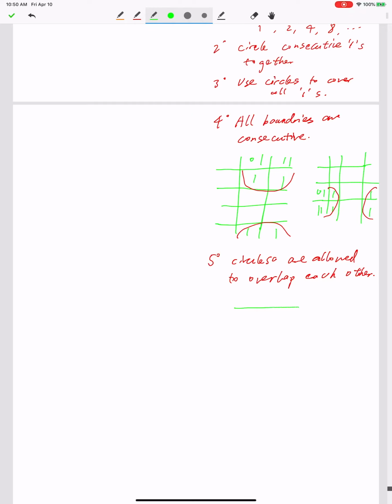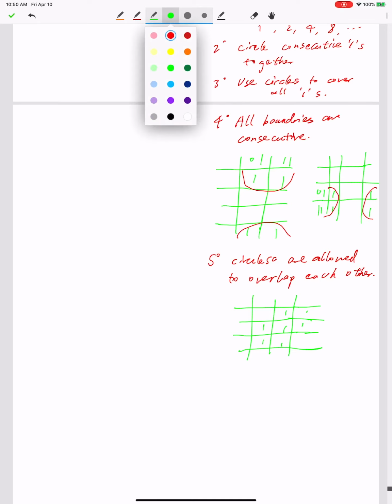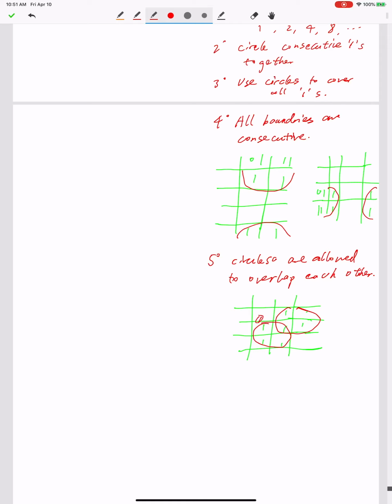If you have a situation like this, you can circle these 4 ones together and these 4 ones together. If I label this as circle 1 and this as circle 2, these 2 circles are overlapping each other, right?